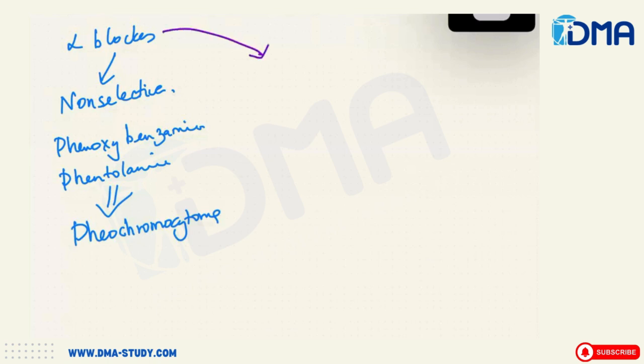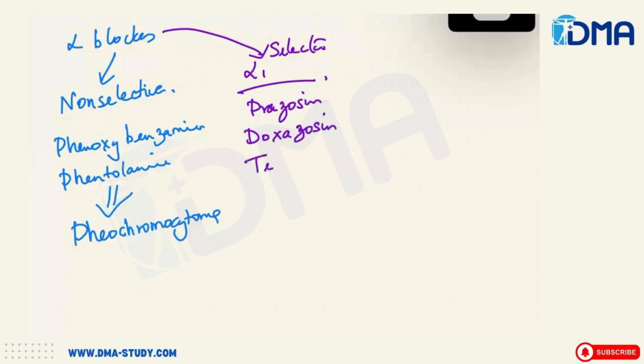Then alpha 1 selective blocker. Examples, prazosin, doxazosin, terazosin, tamsulosin.